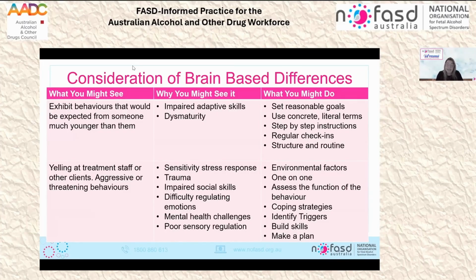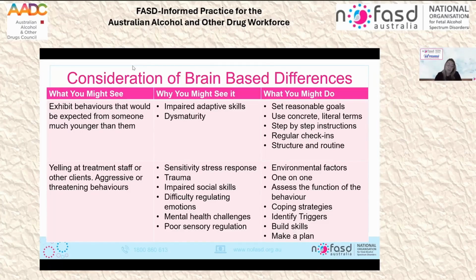So their daily living skills, they might have gaps and lack the ability to follow through on those daily living tasks. And it's important to remember that it's not intentional. It's not that because they're being lazy or unmotivated. It's really that they just don't have those skills to function in that task.